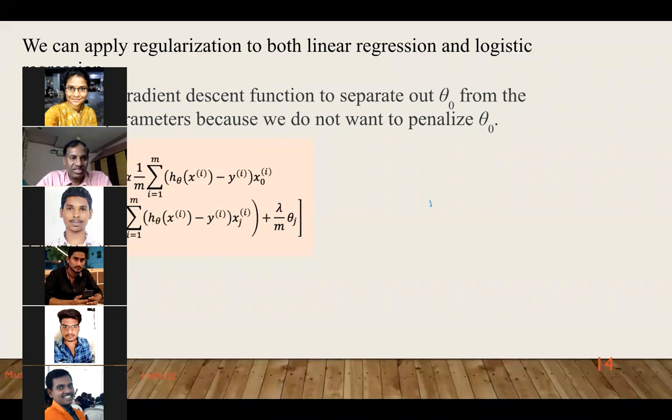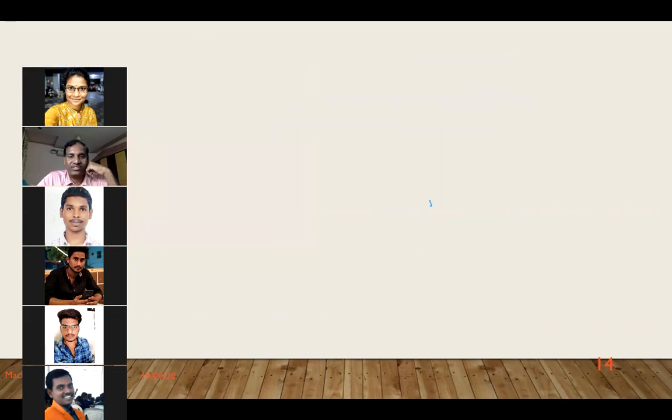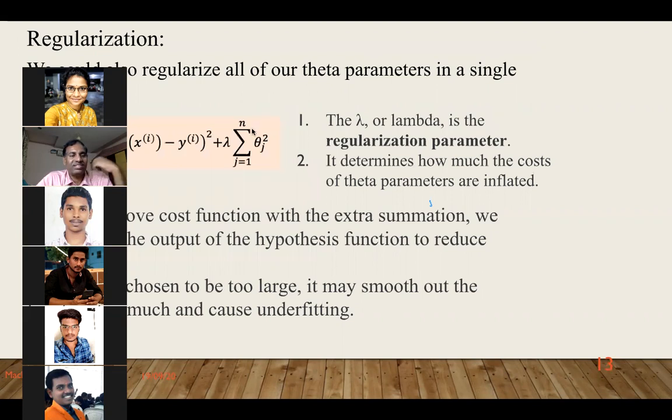If you use regularization, your cost function is changed. The new cost function is what we had earlier, plus lambda by m theta j. It is the same setup, but your cost function is changed now.